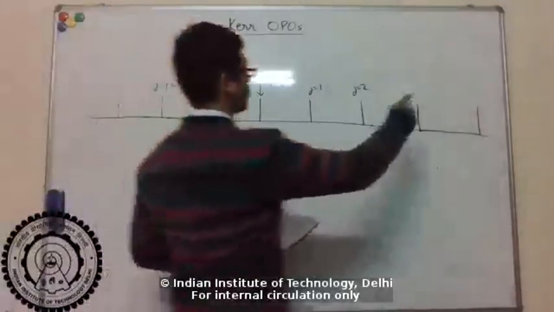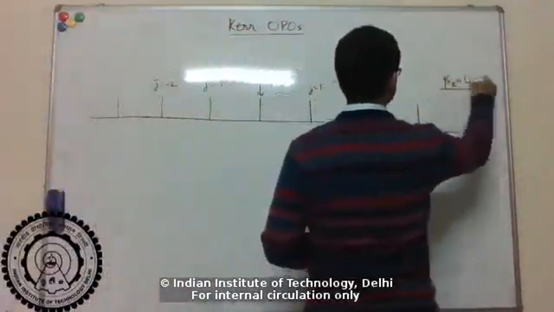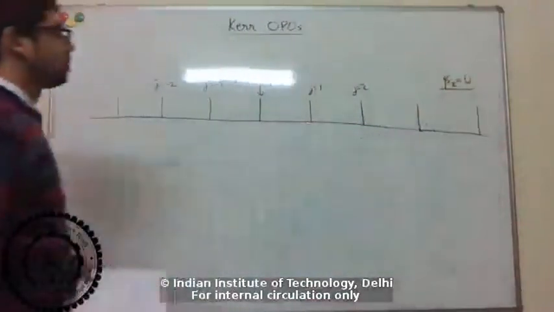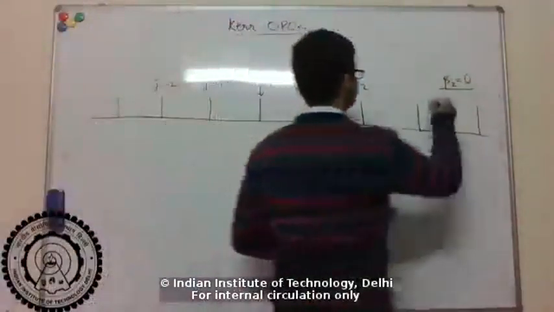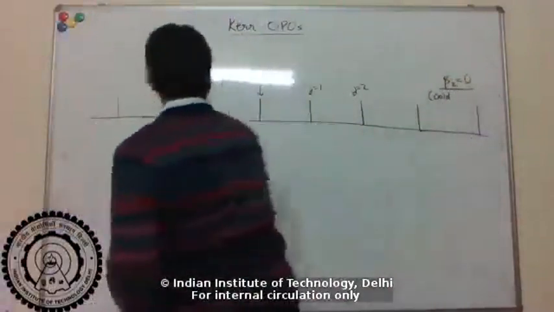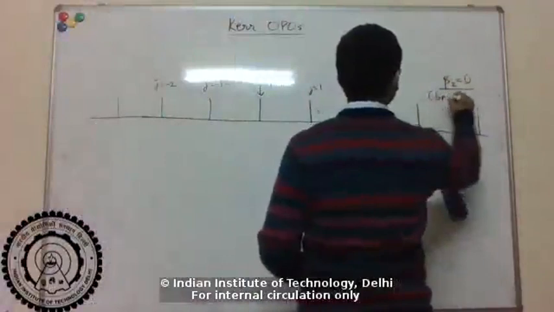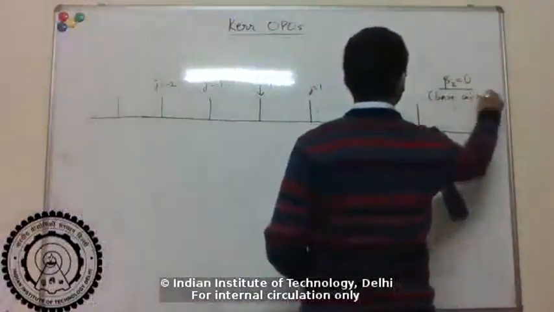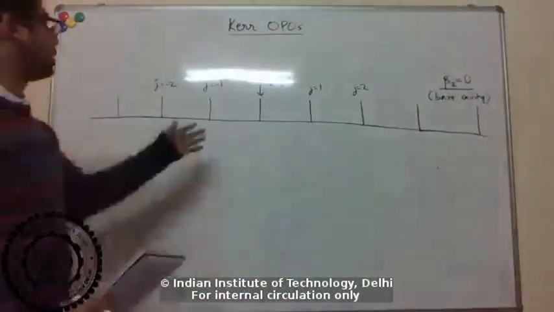Okay, so this first case is for 0 GVD, the bare cavity resonance. So they're all equally spaced.